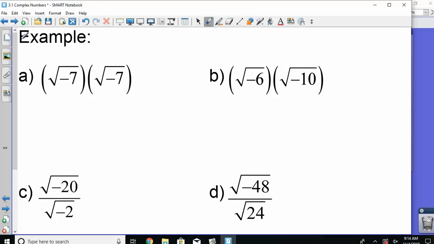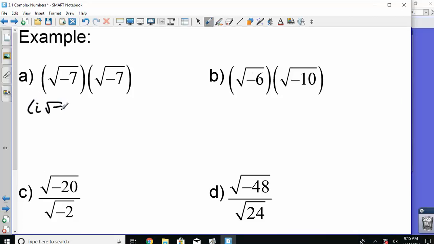So if I give you the square root of negative 7 times the square root of negative 7. I can't do the square root of 7, but what could you at least do here? Well, if you multiply it, it becomes a positive 49. So instead, what should I pull out? Take out your i.